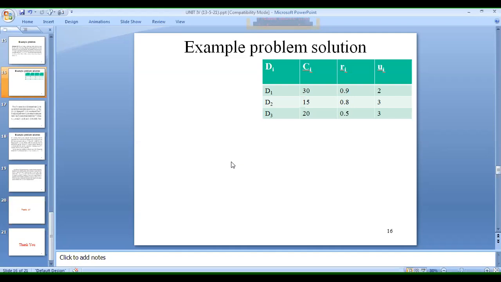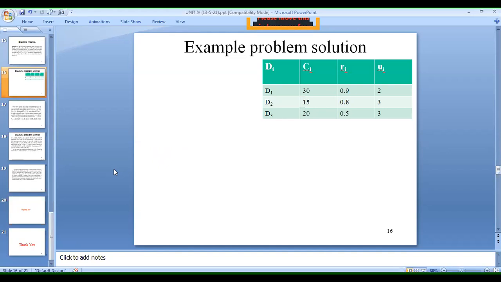Suppose $40 remains after spending 30, 15 plus 20, that is 105 minus 65, $40. So on D1, I can take two copies of D1.